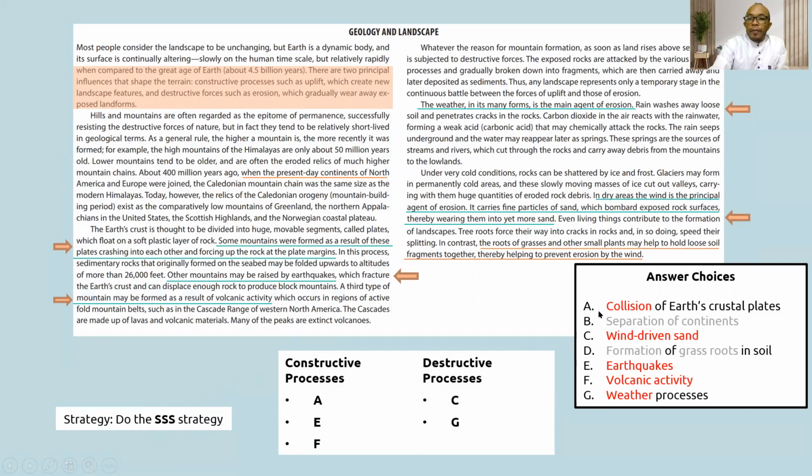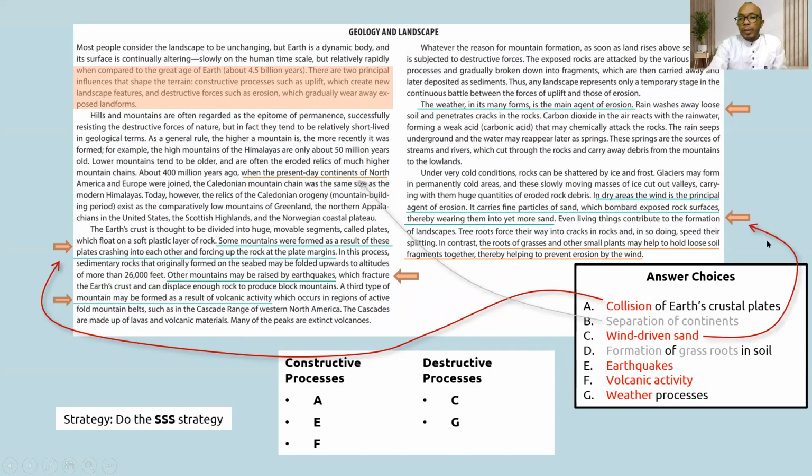So starting with the first one, A, collision is the keyword, and you will find it over here, collision. And based on the information here, collision is considered as constructive processes. And then separation of continents over here is not exactly either a constructive process or destructive process.